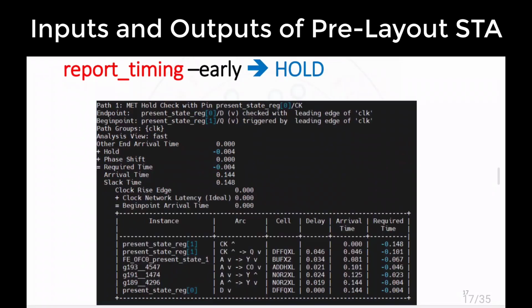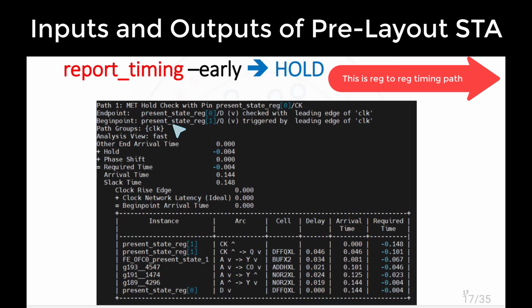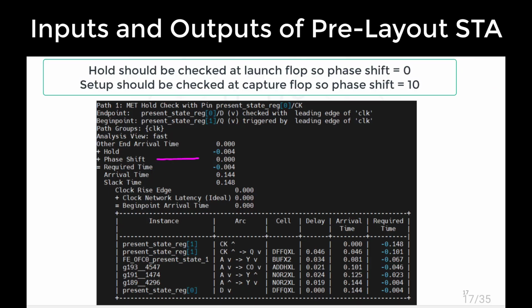Next, coming to the hold timing report, here the command is report timing hyphen early. Here the path is met, and here are the starting and ending points, the begin point and the end point, and path group is clock, analysis view is fast. Again the same thing, here phase shift is 0.